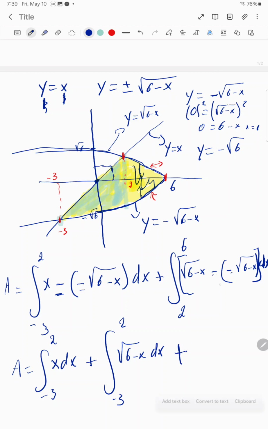Minus times minus is plus here, and I have square root of 6 minus x plus square root of 6 minus x, so it becomes 2 square root of 6 minus x dx, because those become plus, and this plus this is 2 times this.